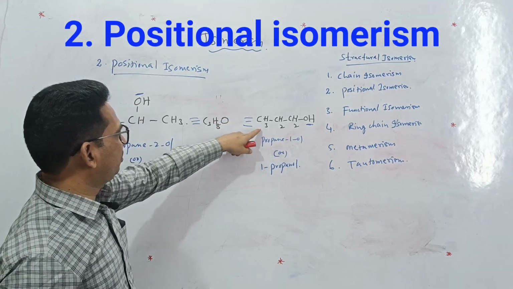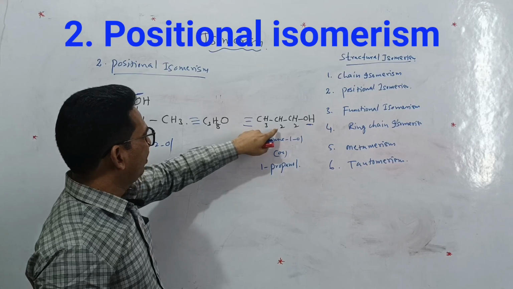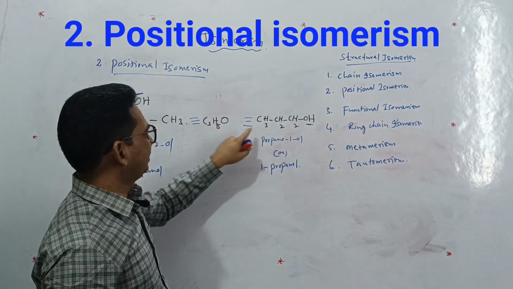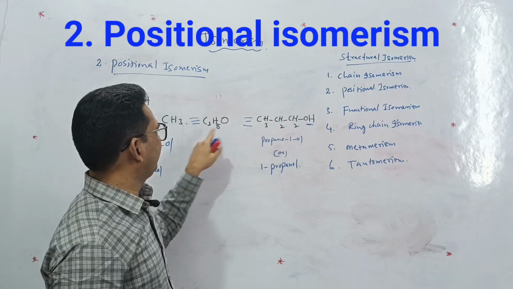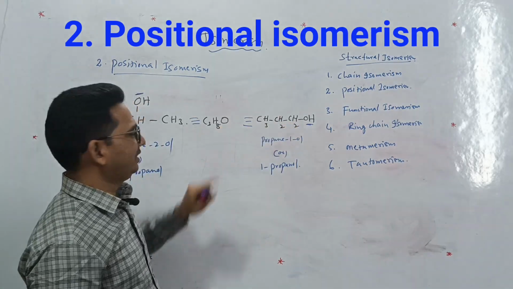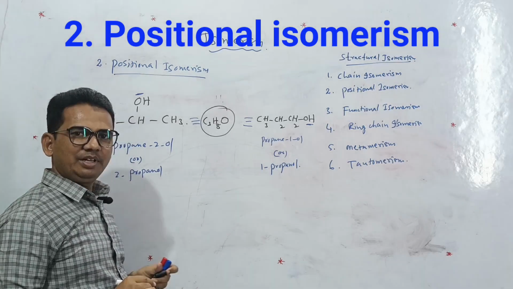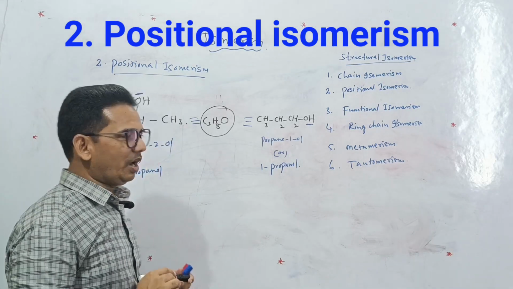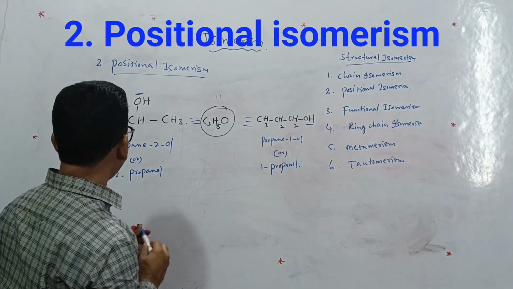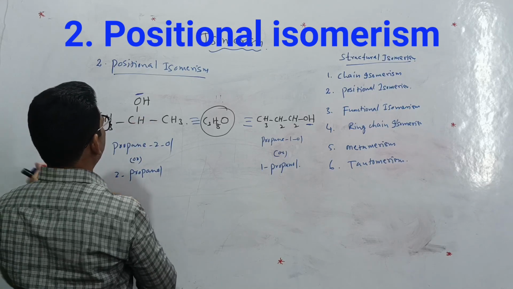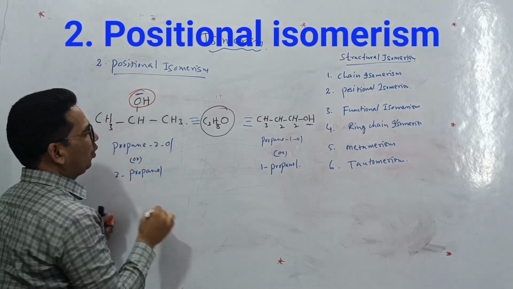In this case also it should be the same: 8 hydrogens, 3 carbons, 1 oxygen. The molecular formula will be the same for the two compounds, but they are different in the position of the OH group, the alcoholic group.